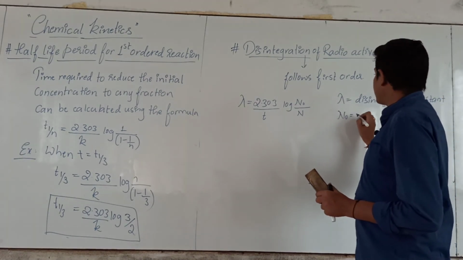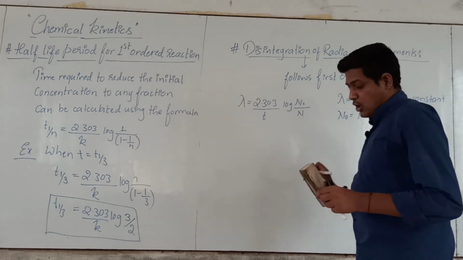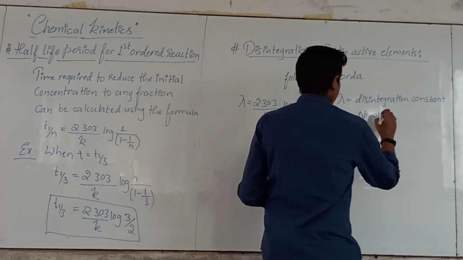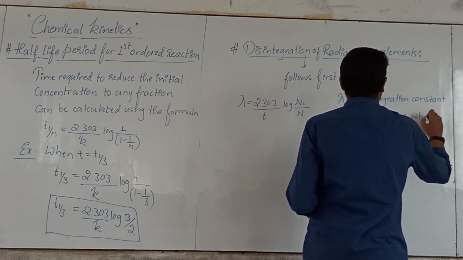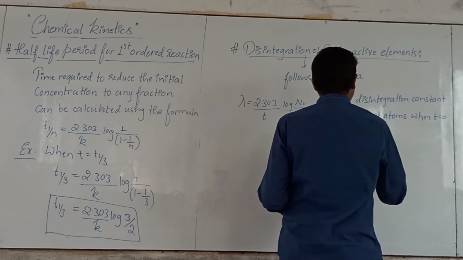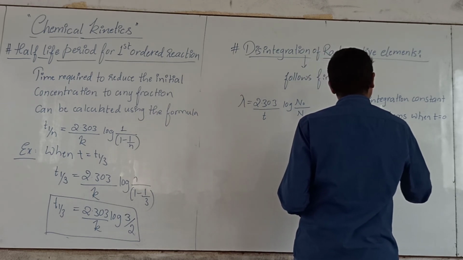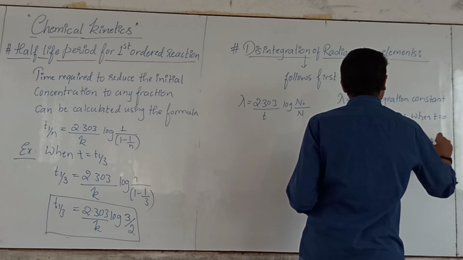Then n naught is equal to the number of atoms when time is 0, and n is equal to the number of atoms at time t.